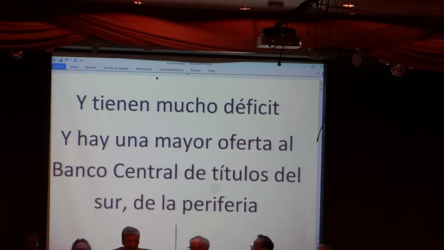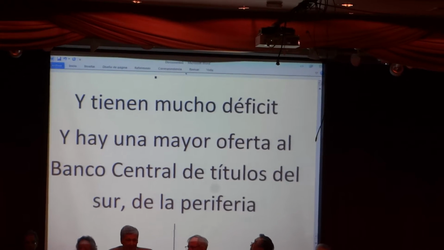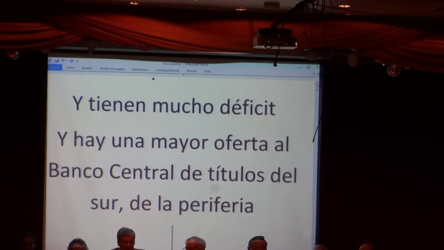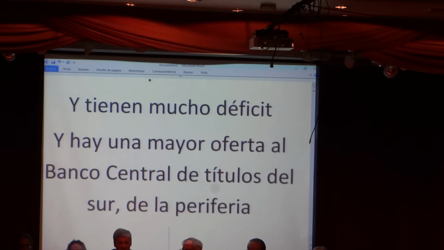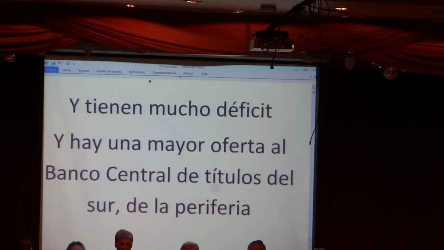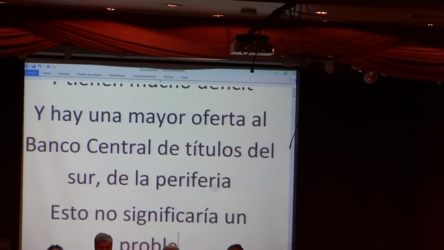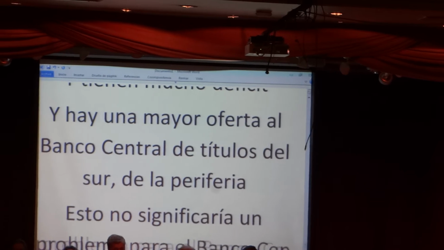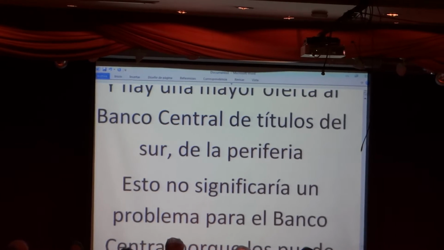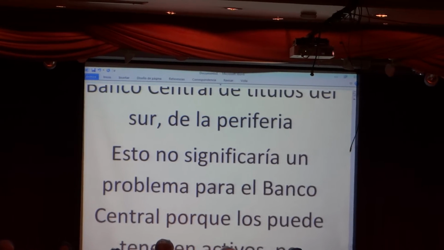But if these banks or pension funds or financial institutions don't want to increase their proportion of assets from the south, then the prices of these securities must go down, and therefore the interest rates on these securities must rise.